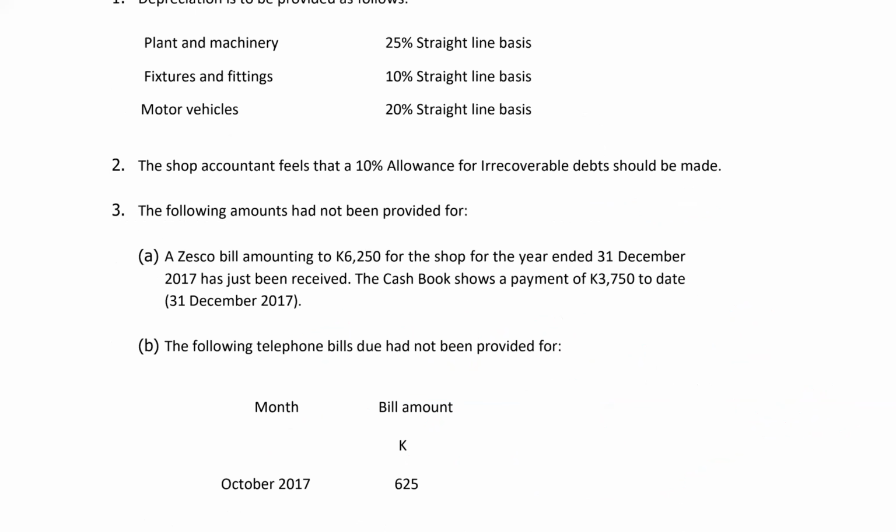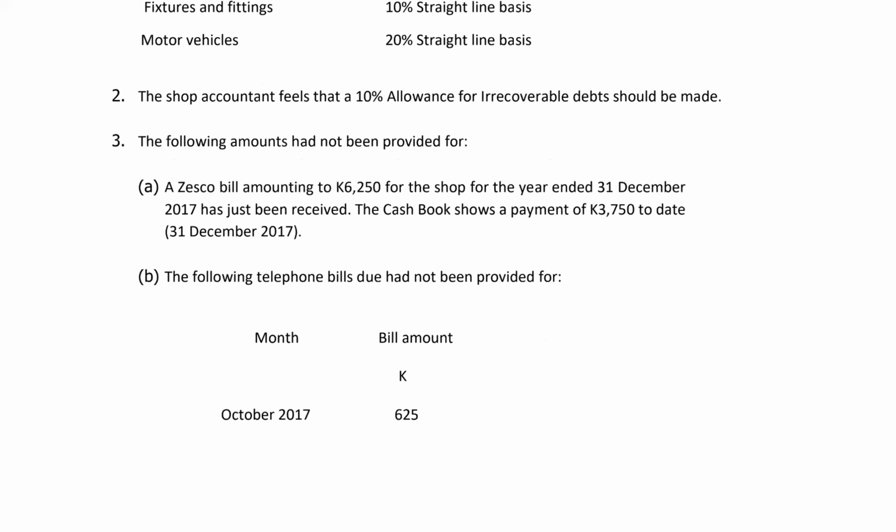The following amount had not been paid for. A ZESCO bill amounting to 6,250 for the shop for the year ended 31st December had just been received. So the cash book shows a payment of 3,750 to date. Are you following?